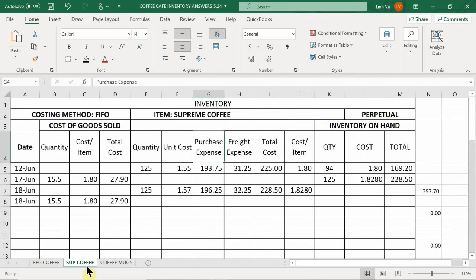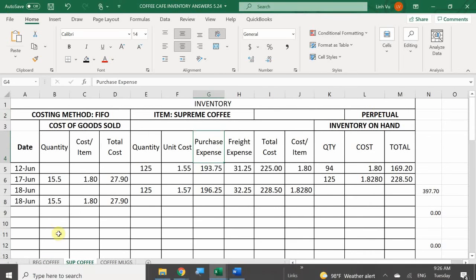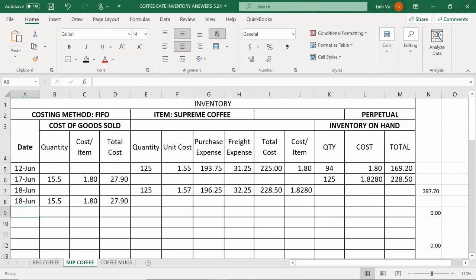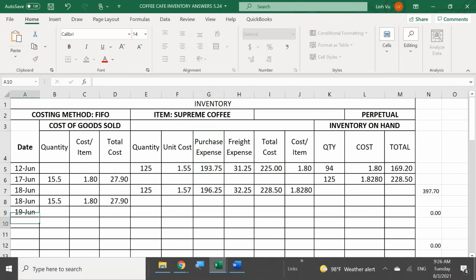Then we sold our Supreme coffee, right? How many pounds did we sell? 10. We sold 10 pounds. Okay. Now, at what cost per item am I going to be using?